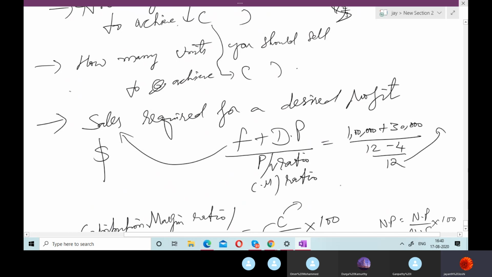Otherwise you can multiply it here as well: 1,30,000 into 12 by 8. Now you find out it will be $1,95,000. So if I generate a revenue of $1,95,000 given all these conditions, I can get this desired profit of $30,000. Okay, that is the conclusion.